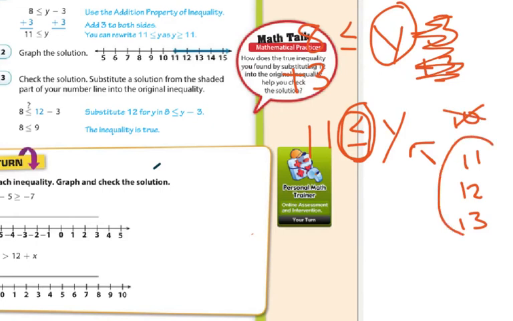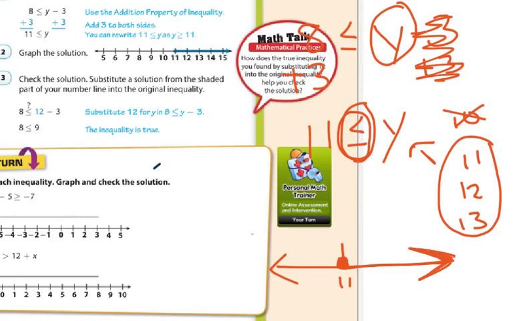And so these help me if I think about it that way. Then when I graph on my number line, I know that it includes 11. So 11 is going to have a closed dot, right? And I know that I have to be going in the direction of 12 and 13 because I thought of numbers that y could be first.